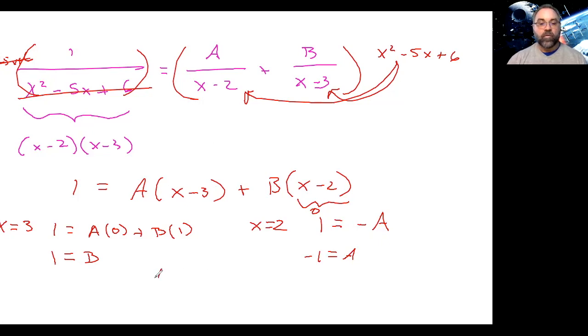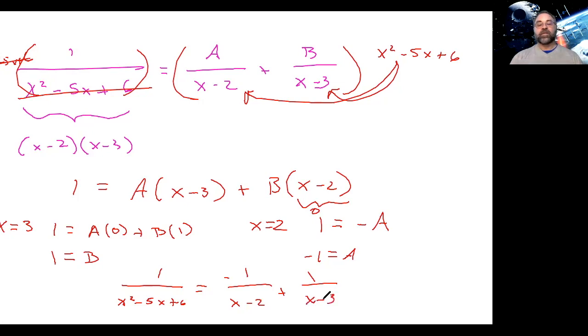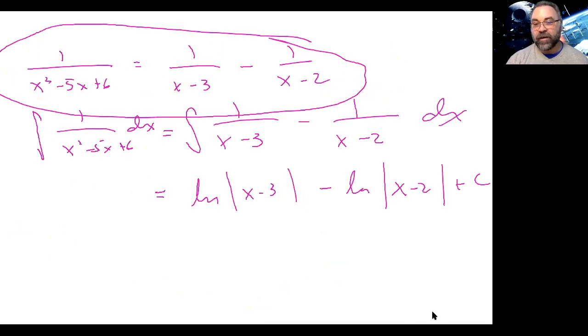So I can come back to my original fraction and say 1 over x squared minus 5x plus 6 is equal to negative 1 over x minus 2 plus positive 1 over x minus 3. I'd written it in the other order in the previous slide, but that's exactly what we used when we did this integral. Remember, on the first problem I glossed over it.